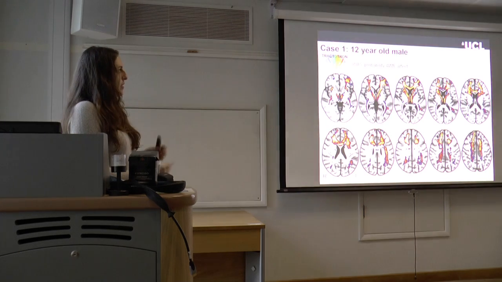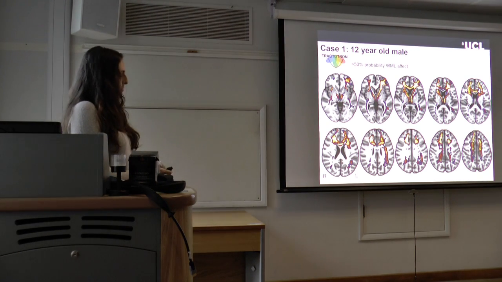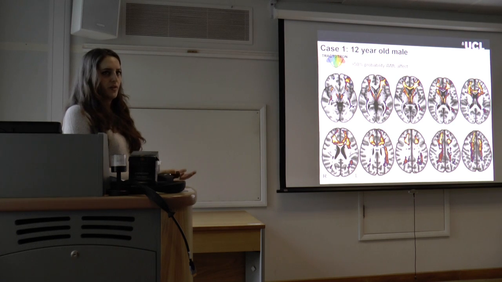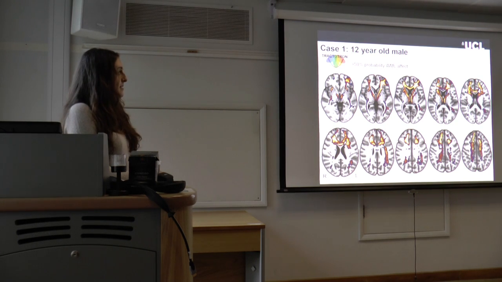So here, these are thresholded, where purple would be 50% probability, and yellow to white is closer to 100% probability. And you see from these lesions quite a lot of involvement in the anterior corpus callosum and the bilateral frontal lobes, extending all the way superiorly.